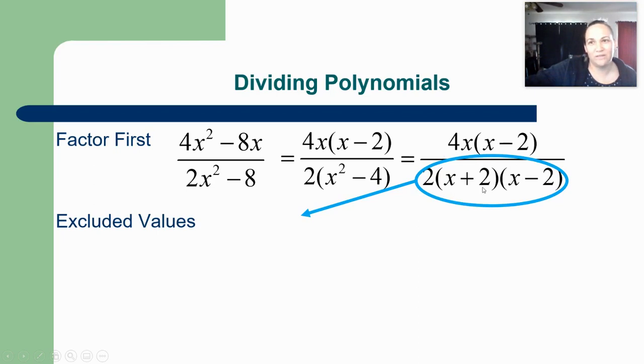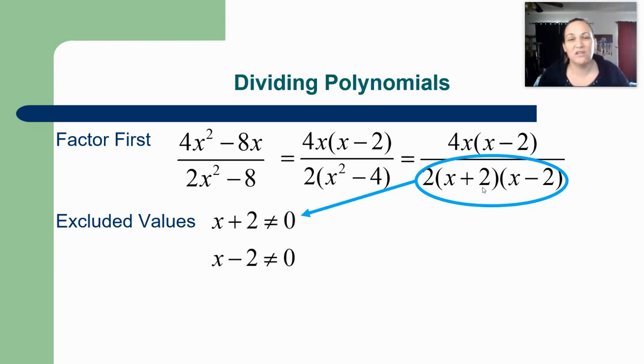you are going to set them not equal to 0. So remember, excluded values are saying, hey, wait, no, we don't want this to be 0. That would be bad. So we're going to set each individual parentheses not equal to 0. Now, again, we're not using the 2 from the outside because it does not have a letter x, and our excluded values are only with variables.